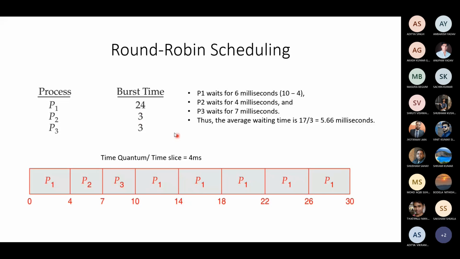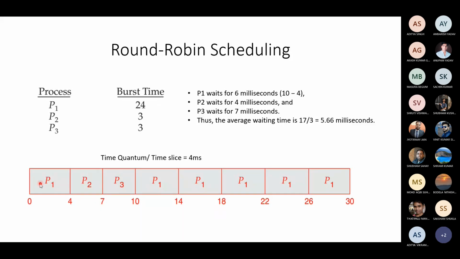The next 4 seconds, it will spend on P3. Again, this needs only 3 seconds. So it will again switch back to the next process. So there is no next process. So next 4 seconds again, every 4 seconds, you see 10, 14, 18, 22, 26, 30. Every 4 seconds, a process will be executed and given chance to the other process.